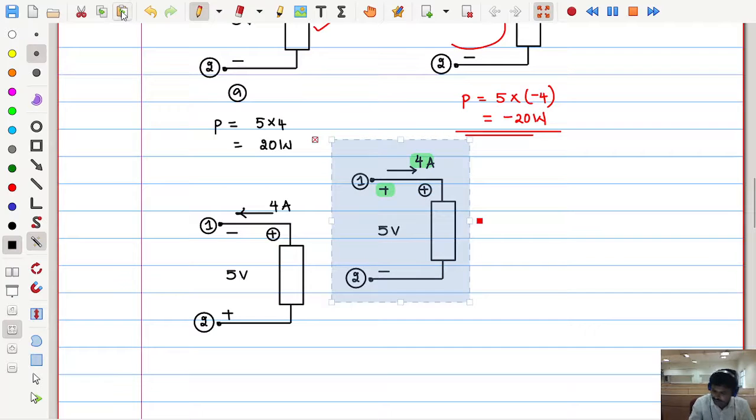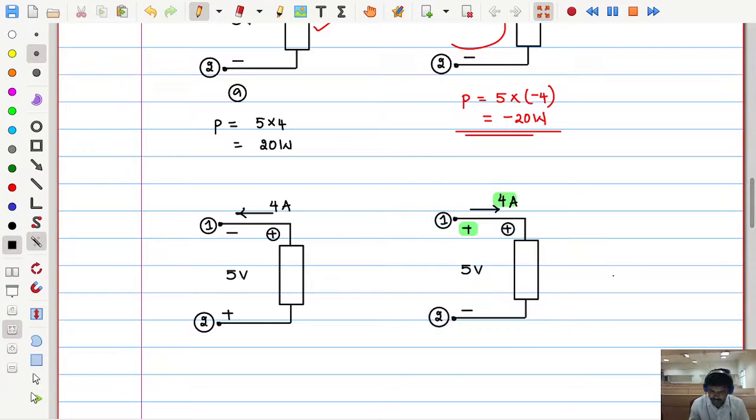And one more case: here negative and here positive, with the same relation. Now can you tell me what will be the powers of the corresponding cases? This is, let us say, B, this is C, this is D. Quickly, the powers of these corresponding things.